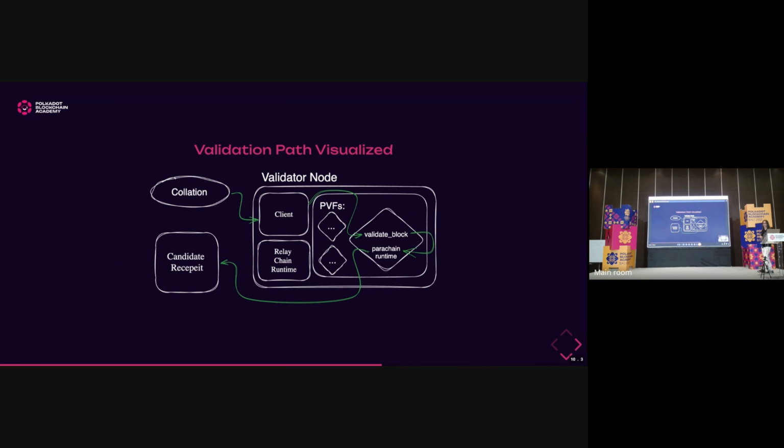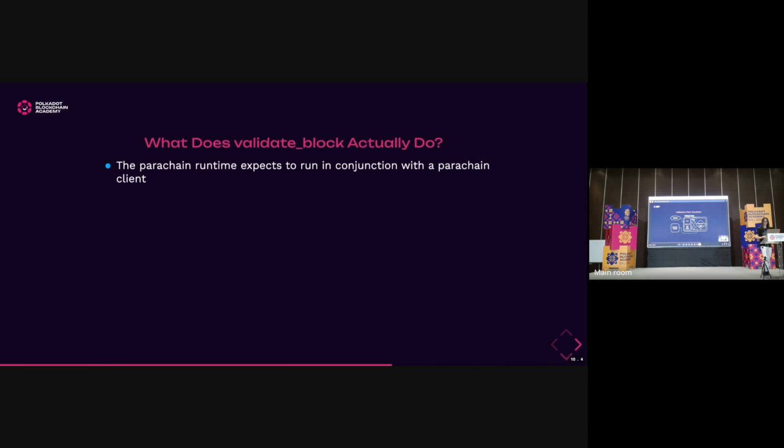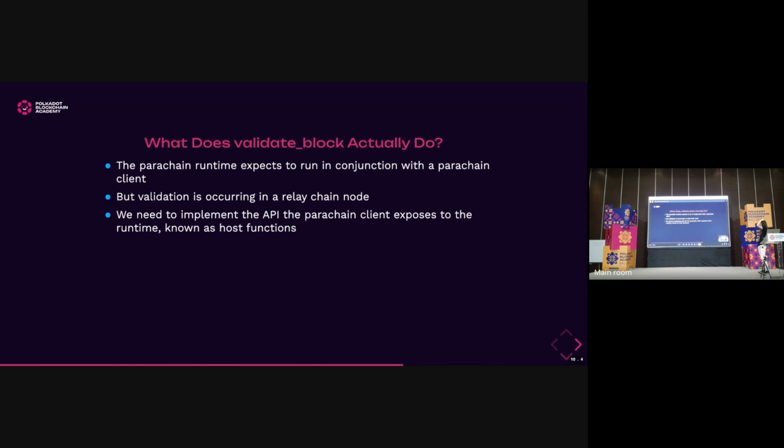So the input of the runtime validation process is the POV, and the function called in the PVF is the validate block. Validate block converts the POV into all the necessary inputs for the state transition to get to the final result. And then this whole encapsulation, this whole wrapper, is so that it can be easily stored and run.